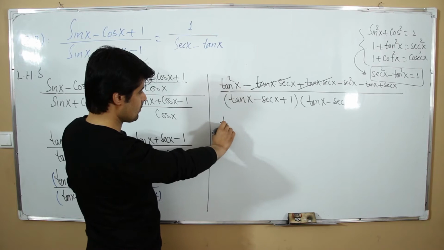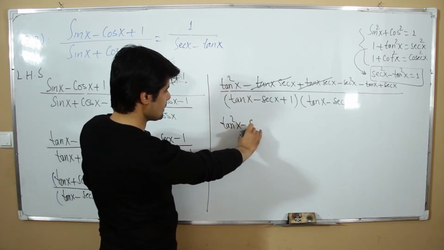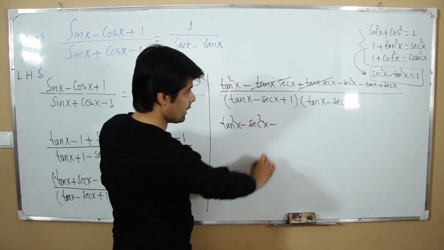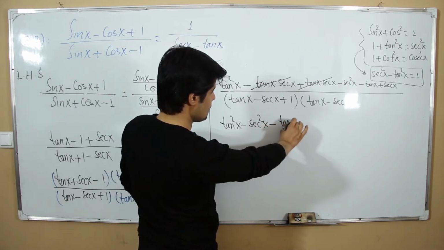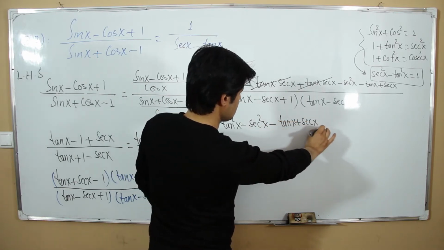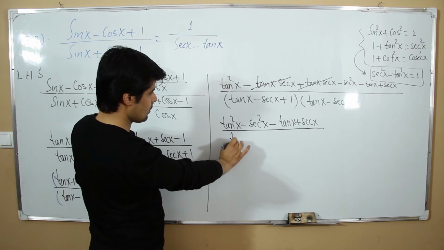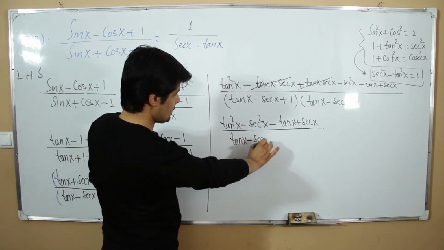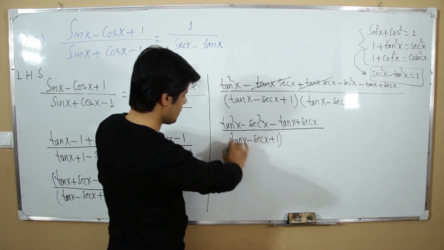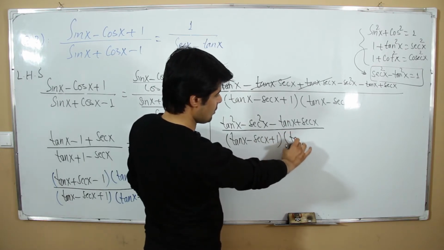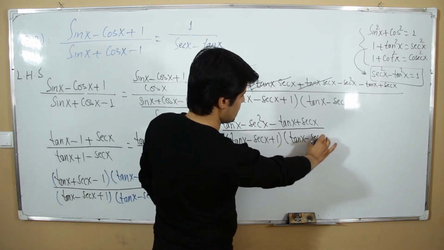Tangent square of x minus secant square of x minus tangent x plus secant x, divided by tangent x minus secant x plus 1 multiplied by tangent x minus secant x.